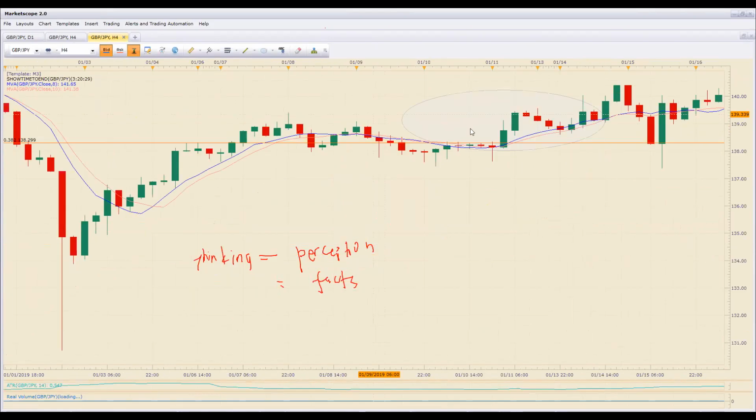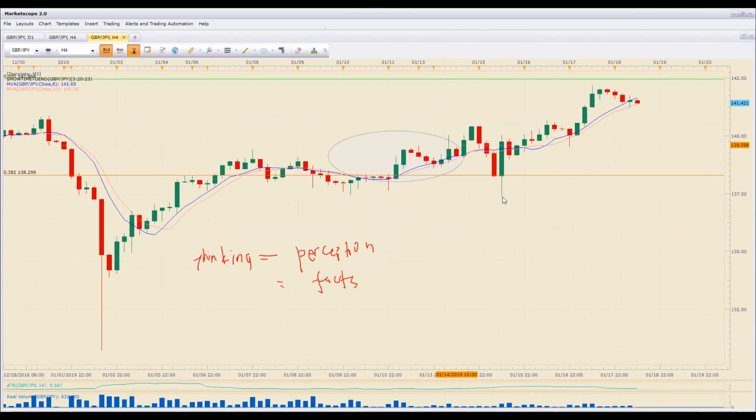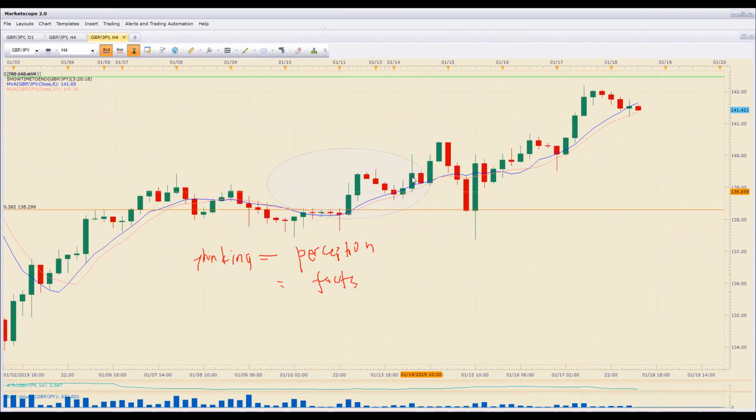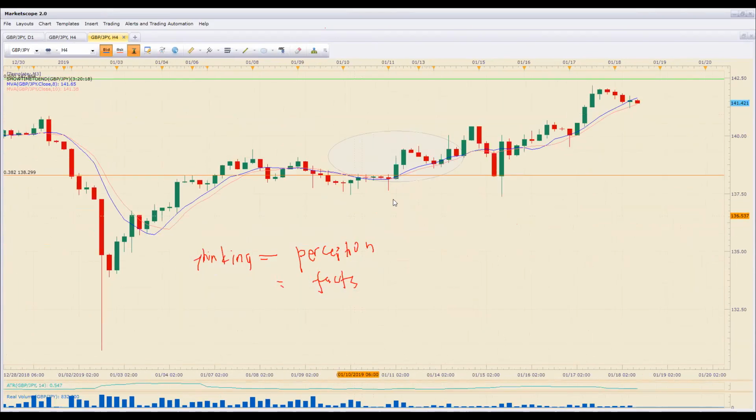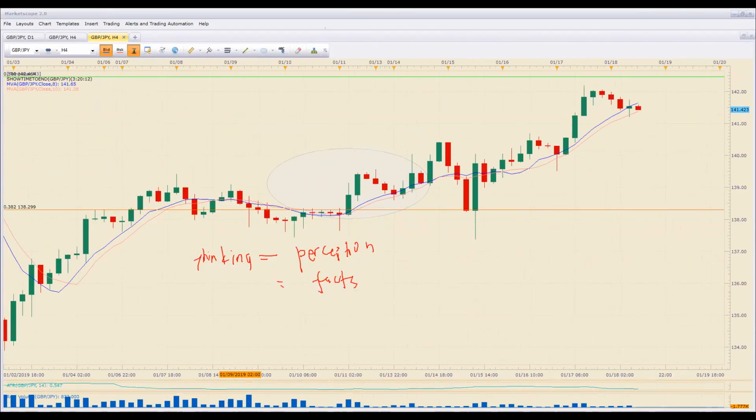It would have been good there, but then it took a dip, and they had this TCL for the 14th. The market close was between these two candles, so it would have been right about here, at a level of supply.